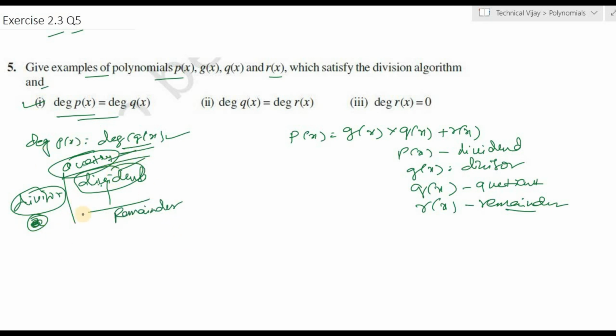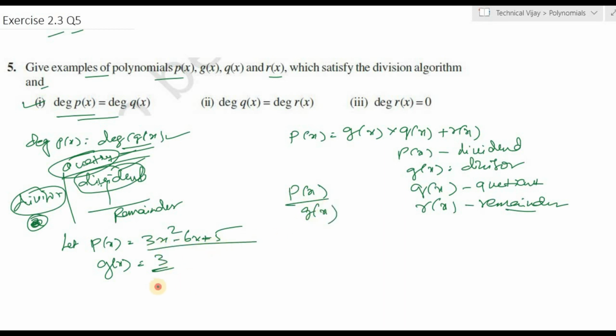Here for example, let us consider p of x is equal to 3x square minus 6x plus 5. We will take one equation. Suppose g of x is equal to 3, then we have to divide p of x by g of x, means this to be divided by 3. Whatever remains, that is x square minus 2x plus 1, this is q of x.